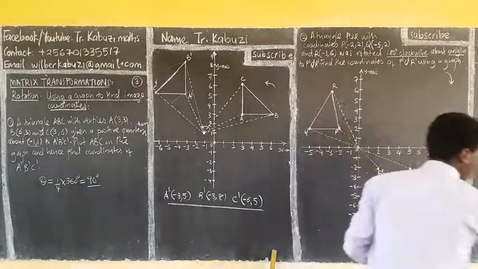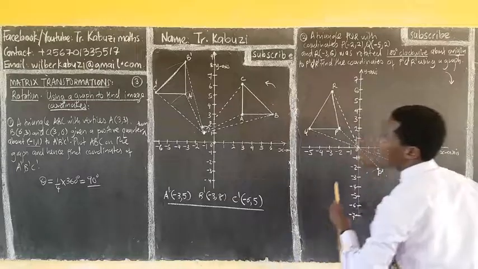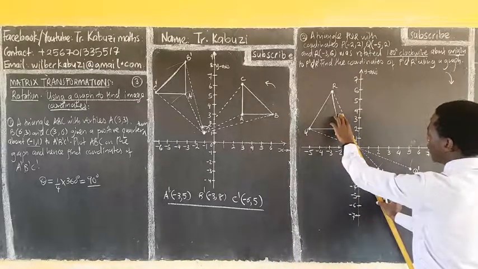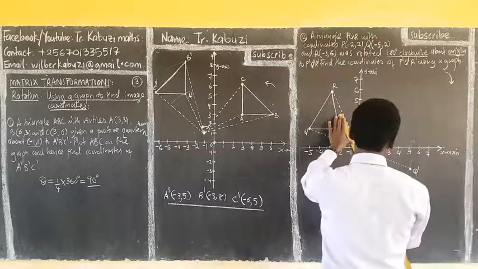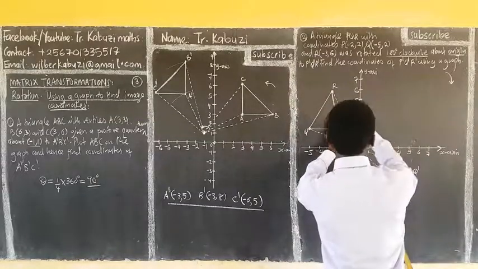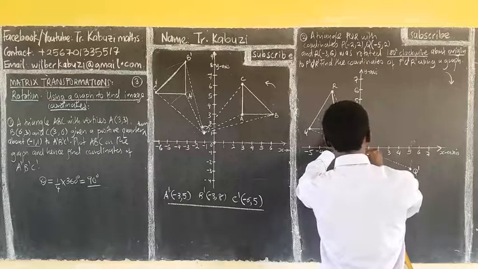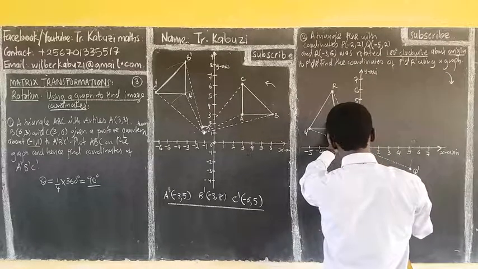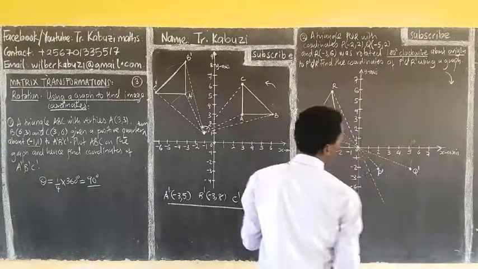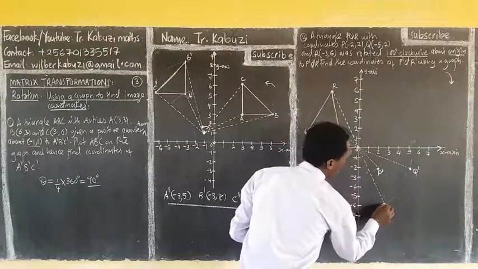Then you get a ruler, then you draw from this line from the center, then 180, like that. It should be from here, then you continue like that till you touch the arc. That's my arc.